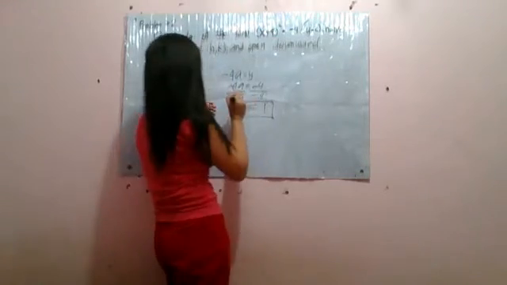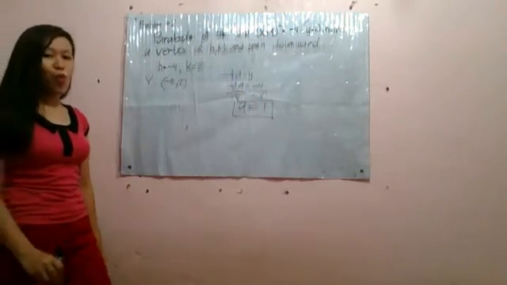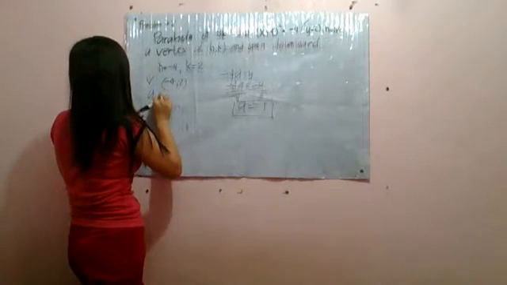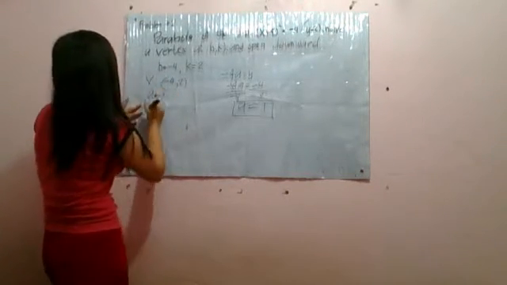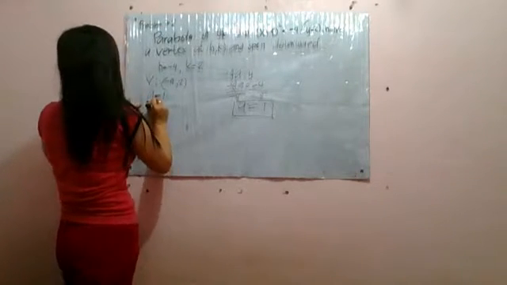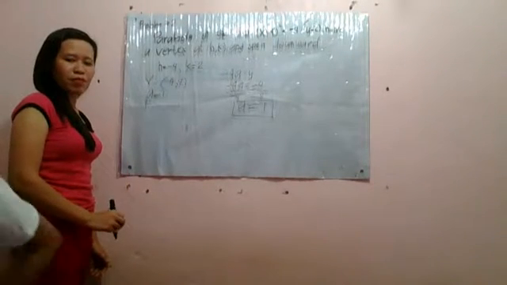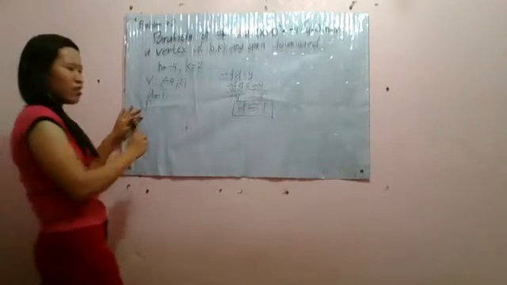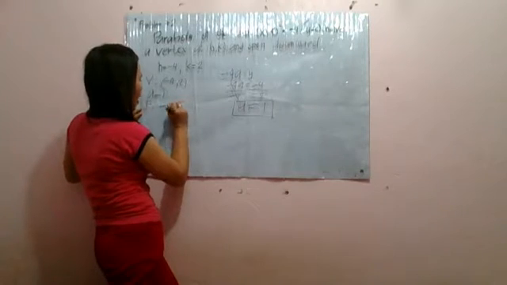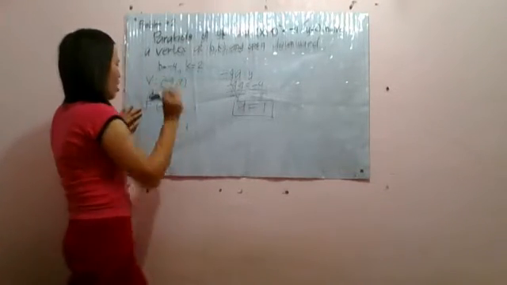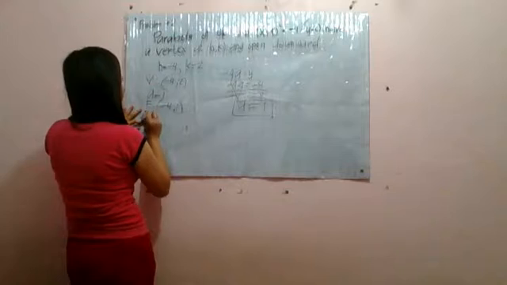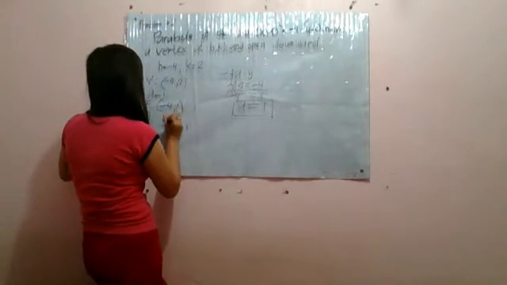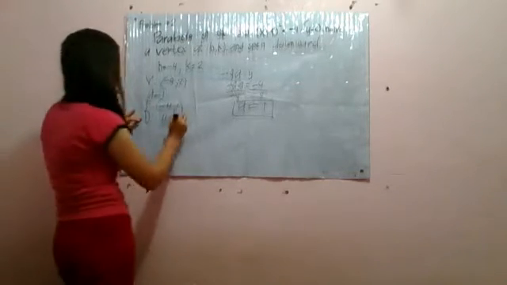So the value of our a is positive 1. Now let's find our focus. The focus is negative 4, 1. And then our directrix is y equals k plus a, so y equals 3.